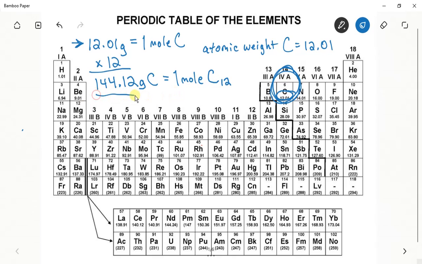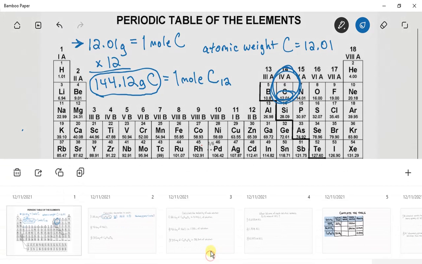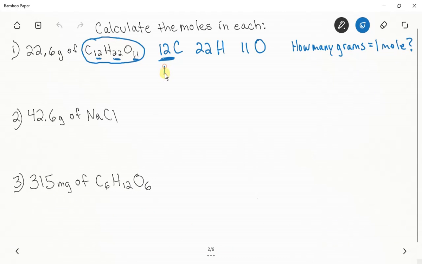So that's 144.12 grams. Let's go back to our worksheet and write that down. So 144.12 grams of carbon equals 12 moles of carbon.